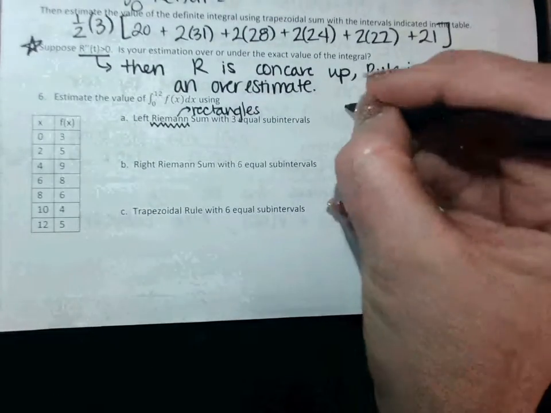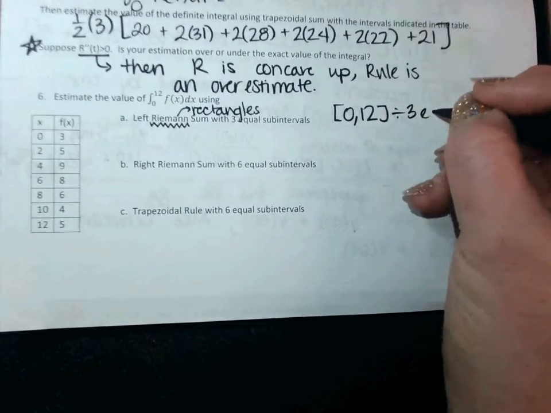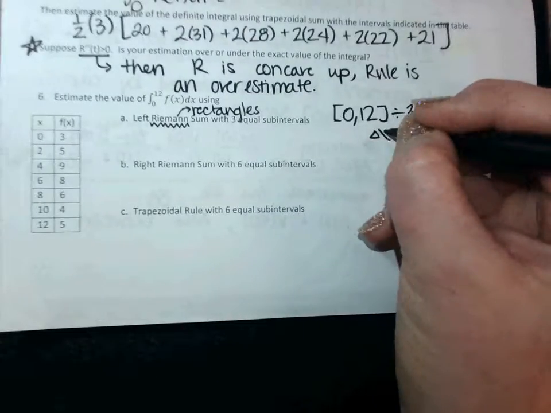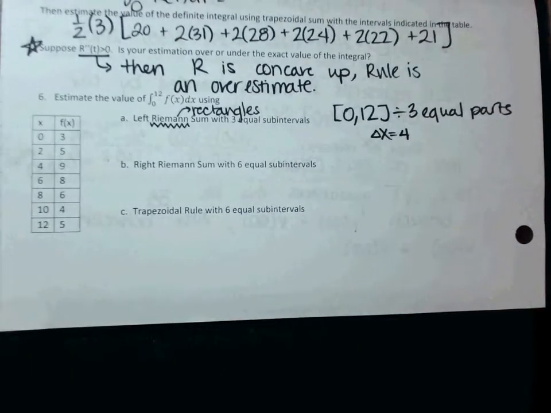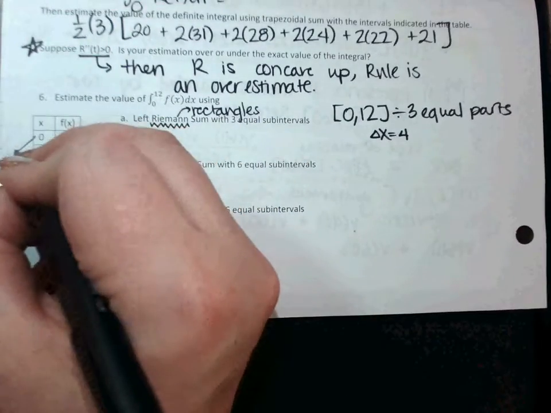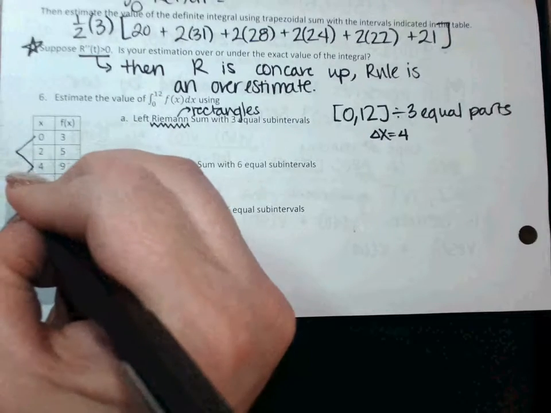If you're going from 0 to 12, divided into 3 equal parts, then your delta x needs to be 4. Does that make sense? Why? Because that's how long it is, and you're dividing it into 3 equal parts. So my first subinterval, I'm going to go 0 to 4, then from 4 to 8, then from 8 to 12.